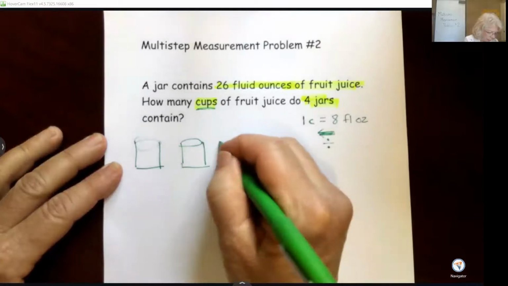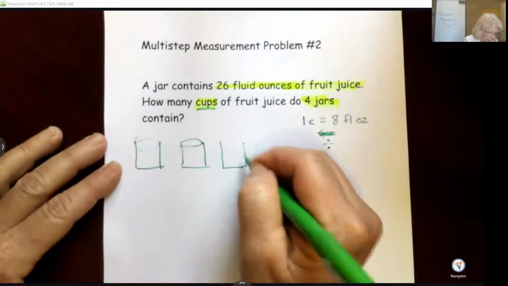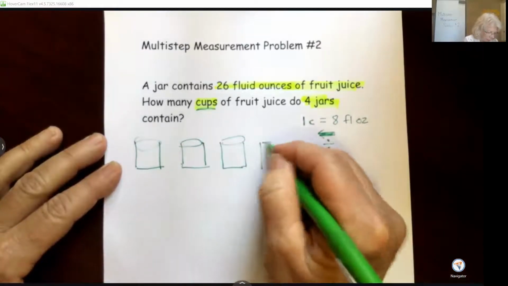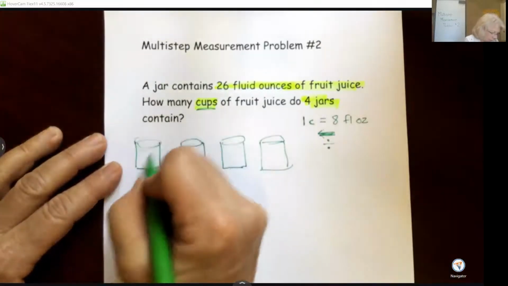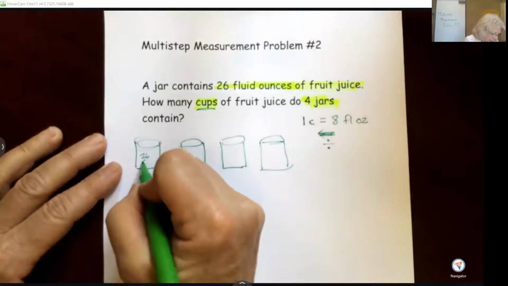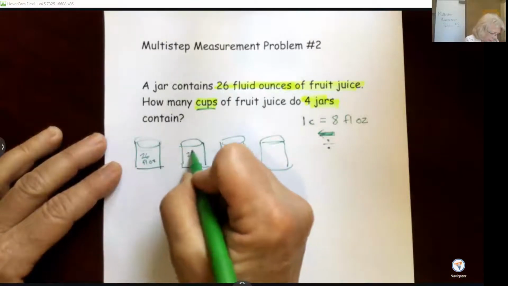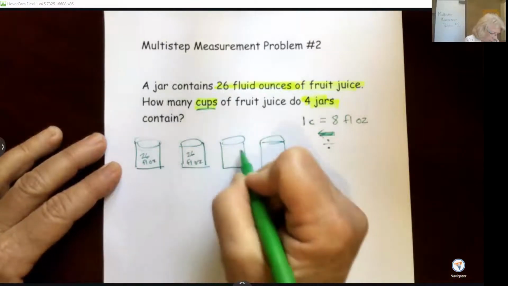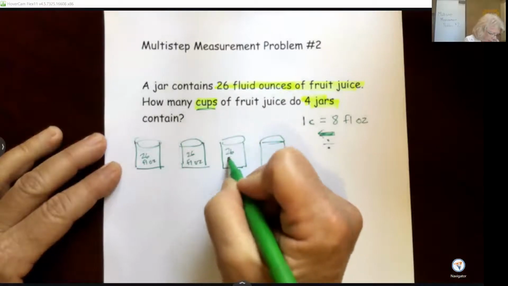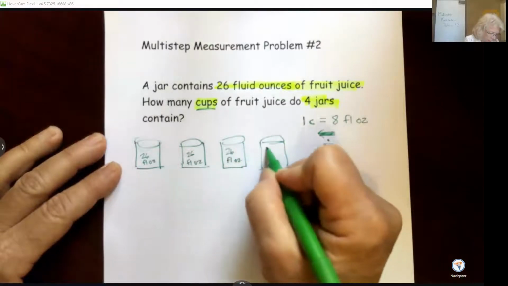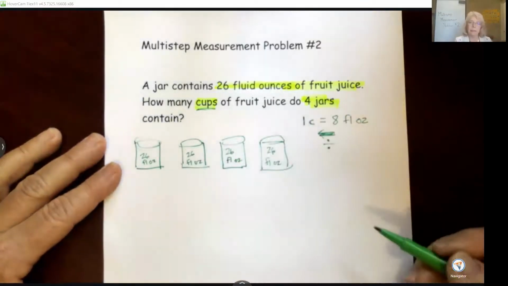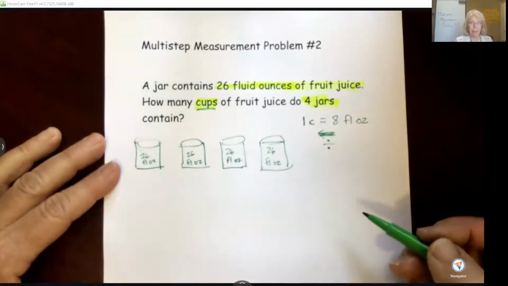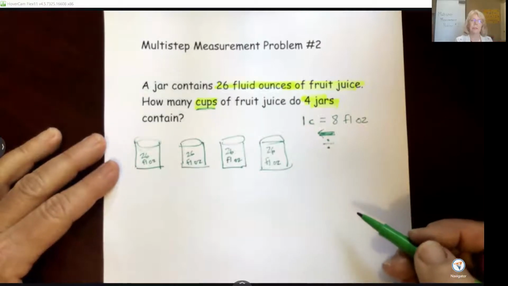Just quickly, nothing special, just something to make me know that this is 4 jars. And in each jar is my 26 fluid ounces. So this is what I mean by a drawing. It helps me remember what's going on so that I don't just divide 8 into 26 and think I'm done. I wouldn't be. I have 4 jars of 26 fluid ounces.